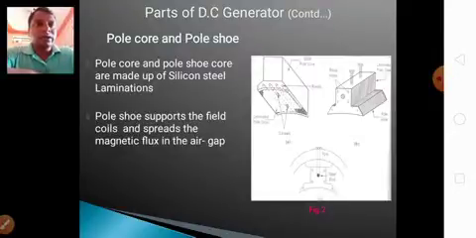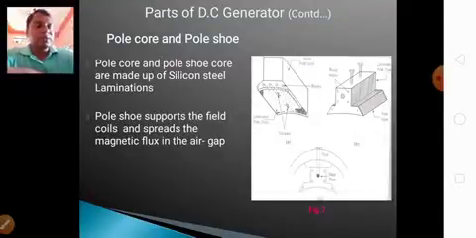Pole shoe supports the field coils and spreads the magnetic flux in the air gap, right?